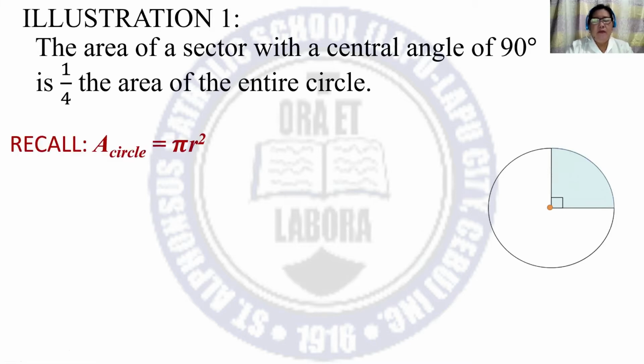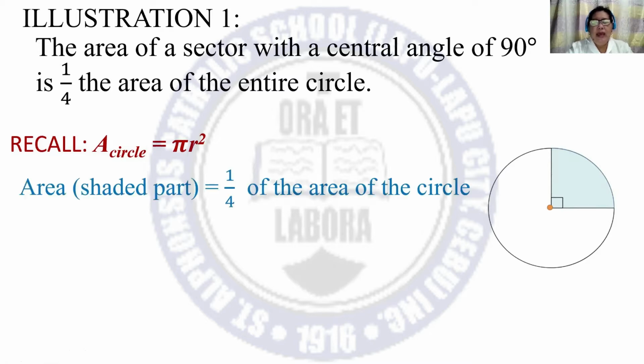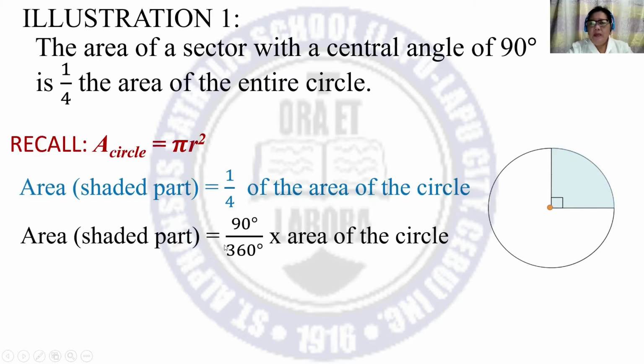Recalling the formula for the area of the circle, that is equivalent to pi r squared, then we have the area of the shaded part, which is equal to 1/4 of the area of the circle. And this will mean 90 degrees over 360 degrees times the area of the circle.